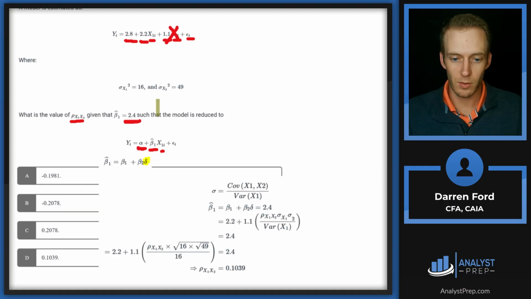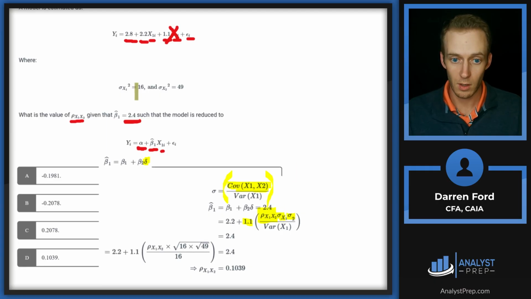This is essentially going to be 1.1, which we're given here, and then that becomes this big thing here: covariance of x1, x2 divided by variance of x1. Covariance then reduces down, if we drill down even deeper, to correlation times standard deviation of x1 times standard deviation of x2. And so now we can isolate this correlation variable. We have the correlation in the formula, and we're given all these other numbers.